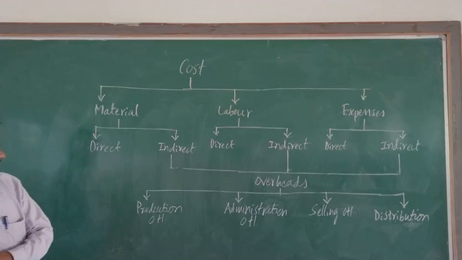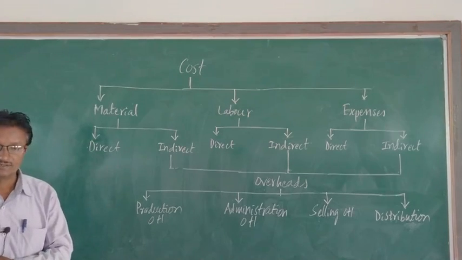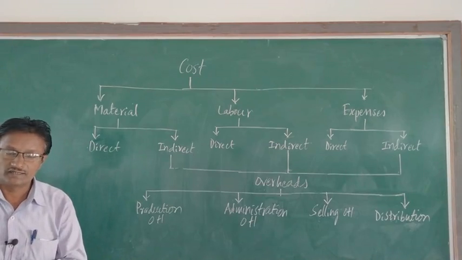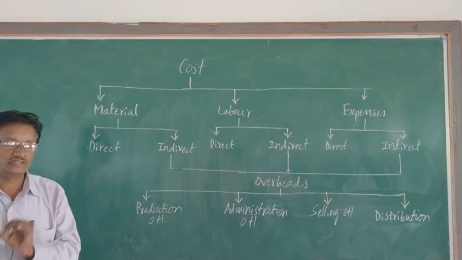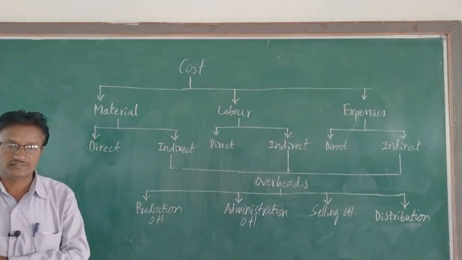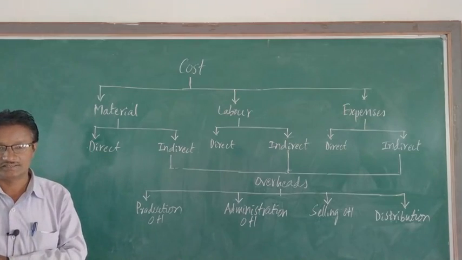Next, what is indirect material? Those material costs which cannot be conveniently identified with a cost unit are called indirect material cost.